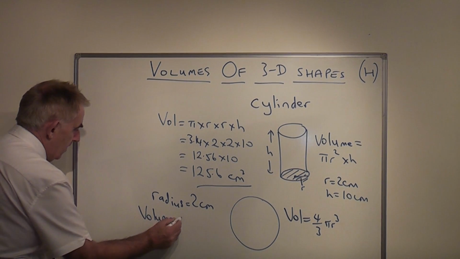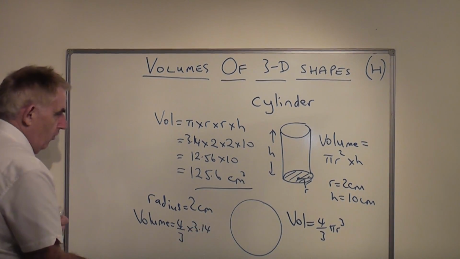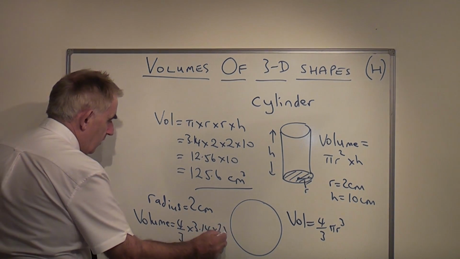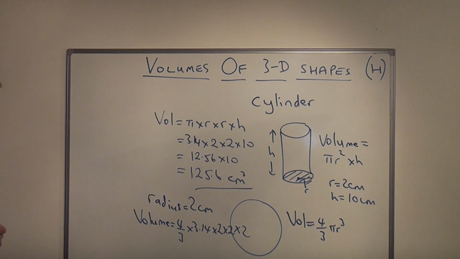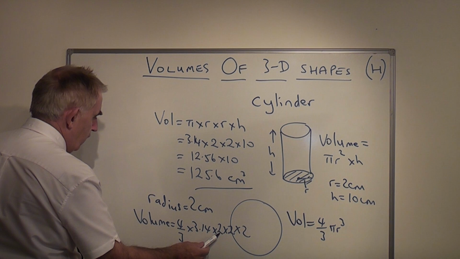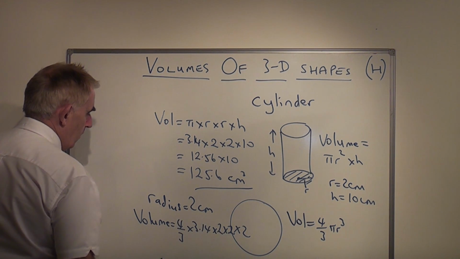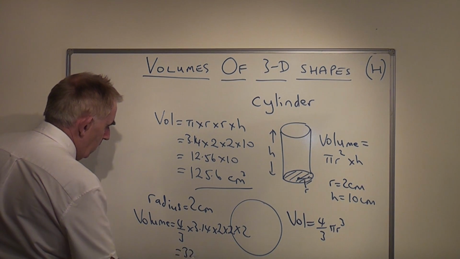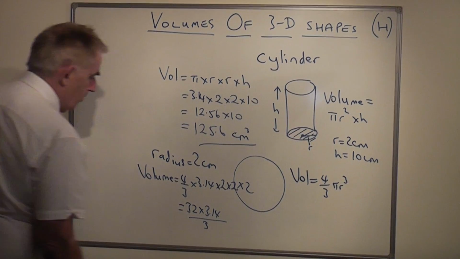I reckon it would be 4/3 times pi, which is 3.14, times 2 times 2 times 2, because it's r cubed. So 2 times 2 is 4, times 2 is 8, times 4 is 32. So we've got 32 times 3.14 and divide by 3. Okay?